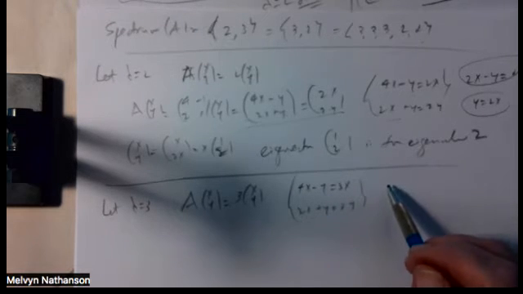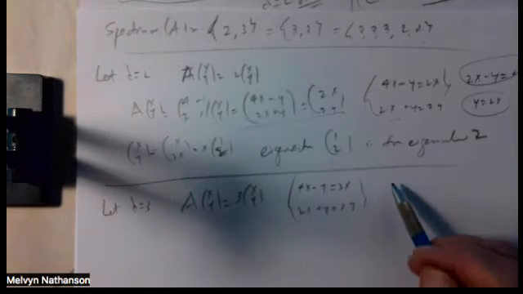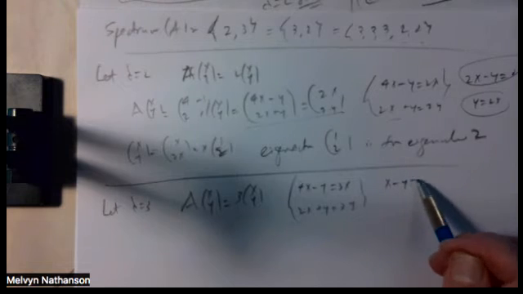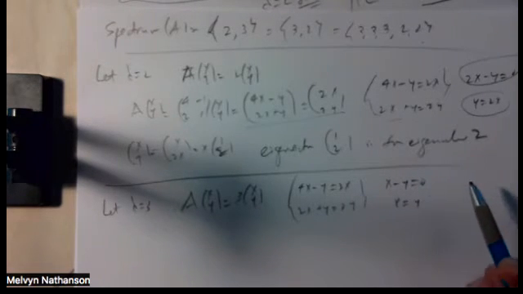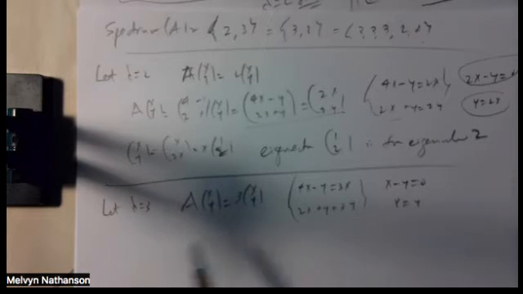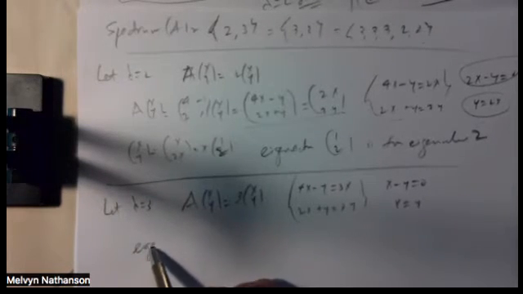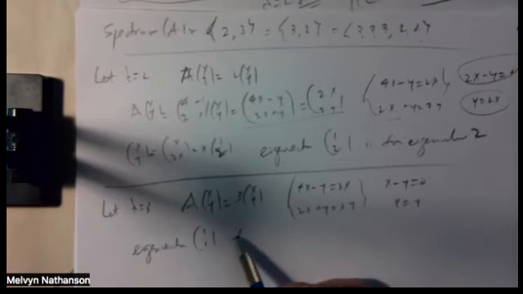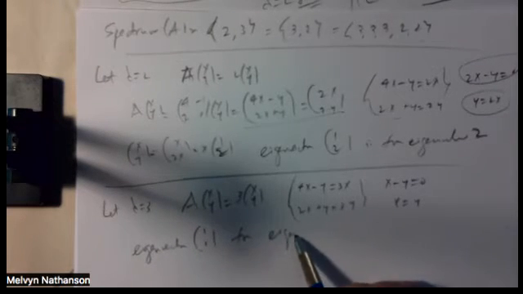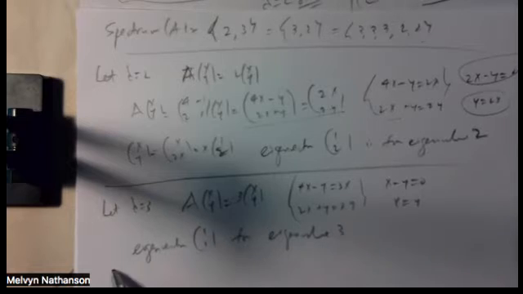And these equations are exactly equivalent to x minus y equals 0, or x equals y. So you can take the vector, for example, (1, 1). So the vector (1, 1) is an eigenvector for the eigenvalue 3.